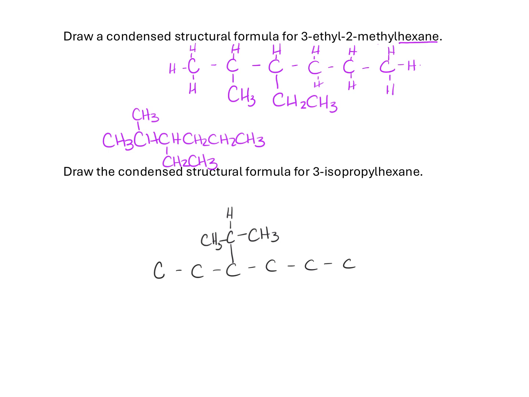So it's attached to the parent chain through the middle carbon. Now again, I'm going to go in and fill in those hydrogens so that every carbon has 4 bonds. So 4 is the big number here. And so now we're going to go through and write our condensed structure.